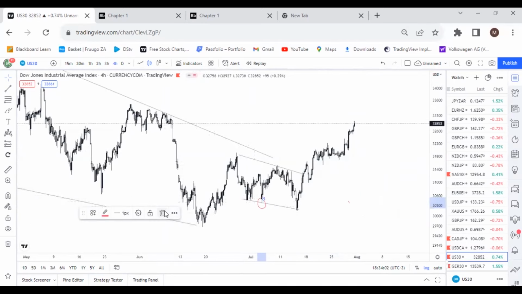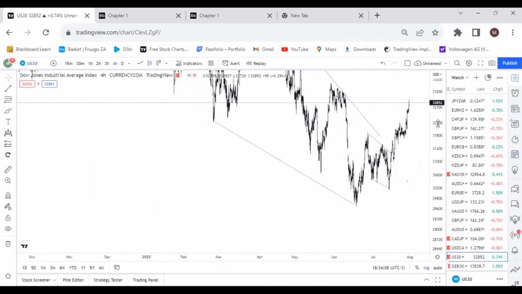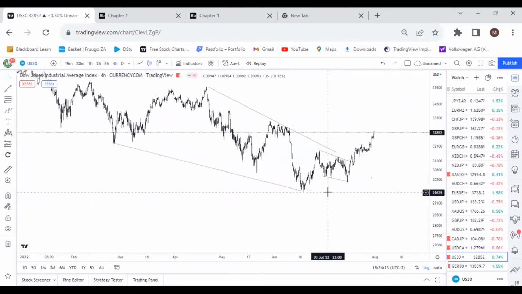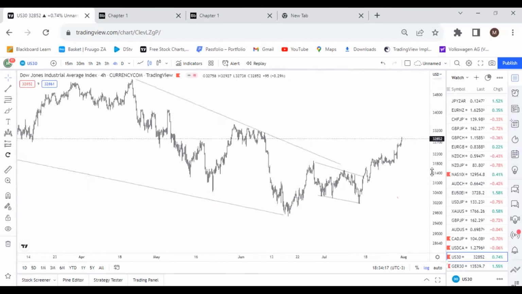So the second opportunity, as the actual third touch from the bigger structure, it was more of a risk trade, because you didn't have enough confirmation or confluence.